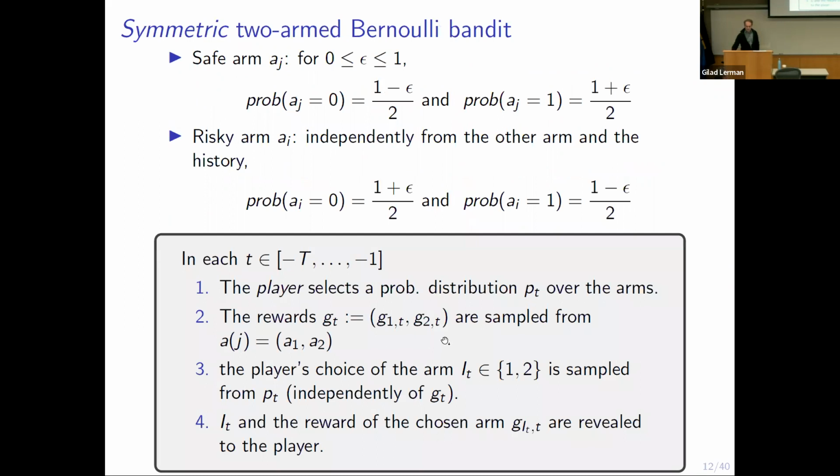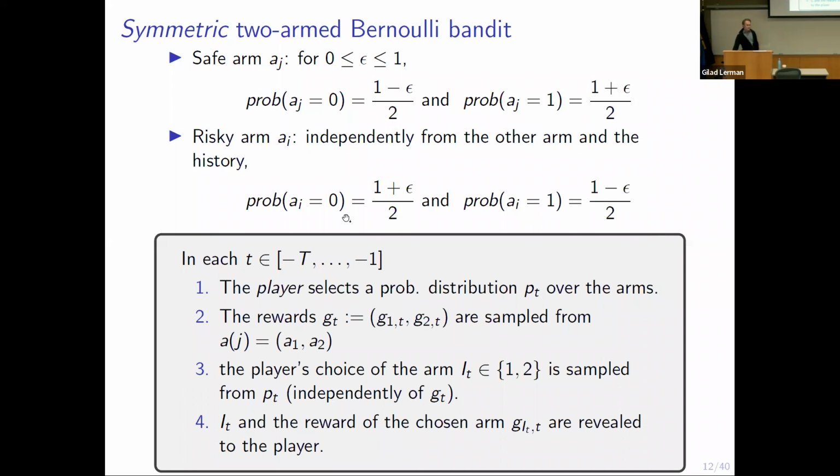Okay, so the symmetric two-arm bandit. We did more or less the same thing, except that the means of these two arms are symmetric around 1/2. Here you get the reward of 1 with probability 1 plus epsilon from the safe arm, and from the risky arm you get reward 1 with probability 1 minus epsilon.